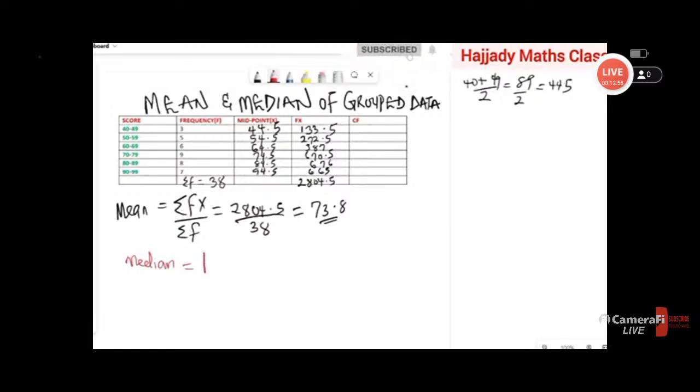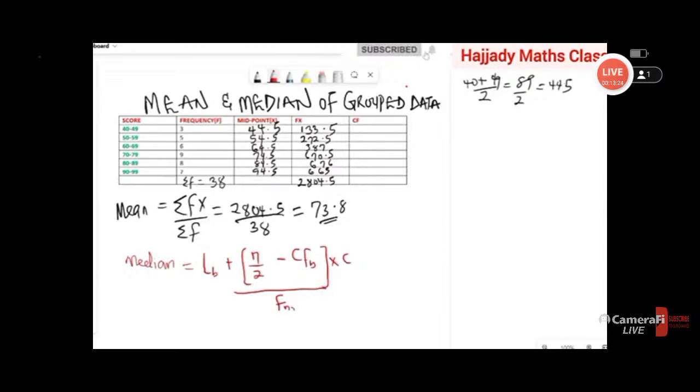So we are using LB, L subscript B, plus N over 2 minus the cumulative frequency before the median class, times the class width, all over the frequency of the median class.